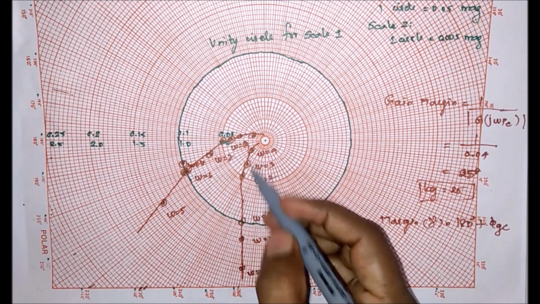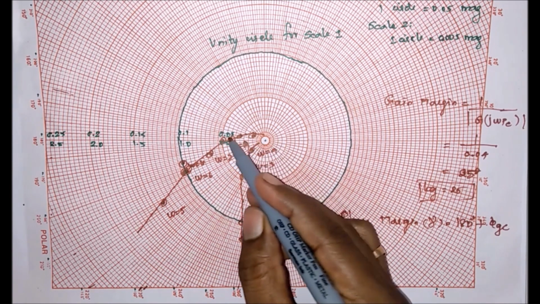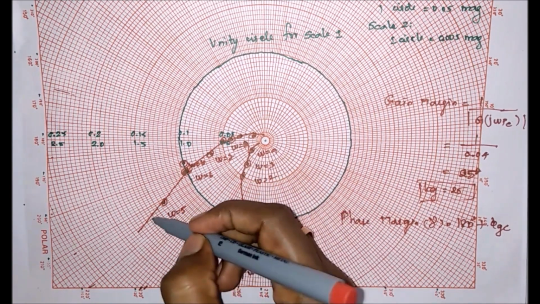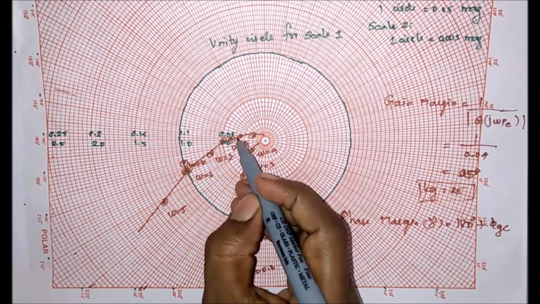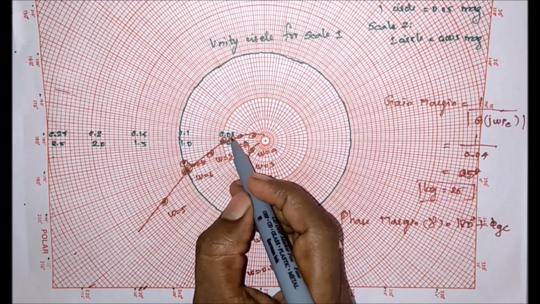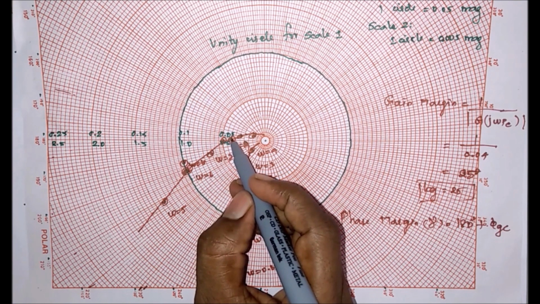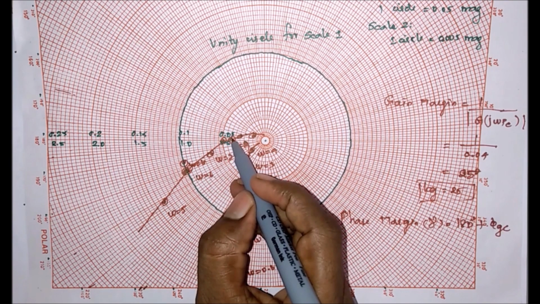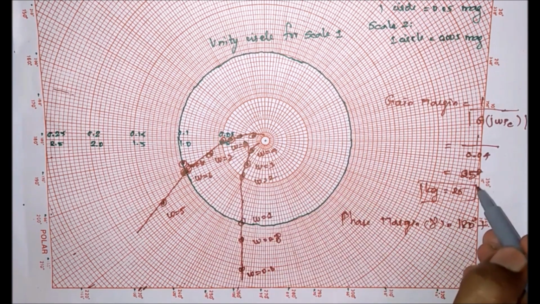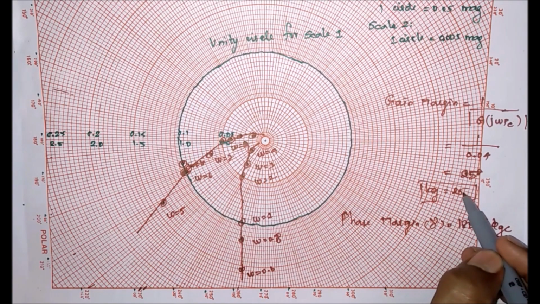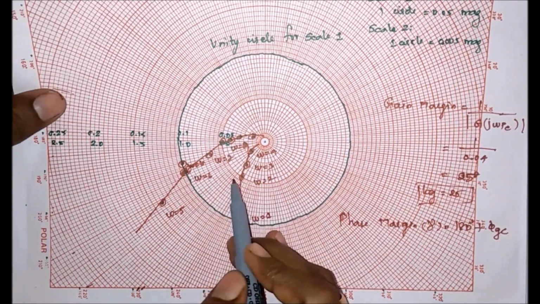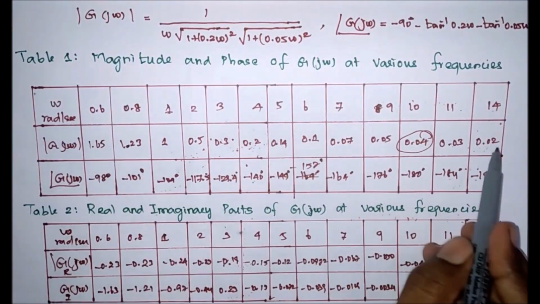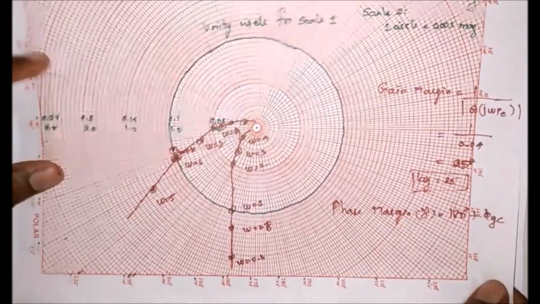In the first plot it is not meeting minus 180, but the second plot is the continuation of the first plot, so it meets minus 180 at 0.04. The magnitude at phase crossover frequency is 0.04. Therefore, gain margin equals 25. Actually, while drawing this polar plot with these readings, we have taken two scales.